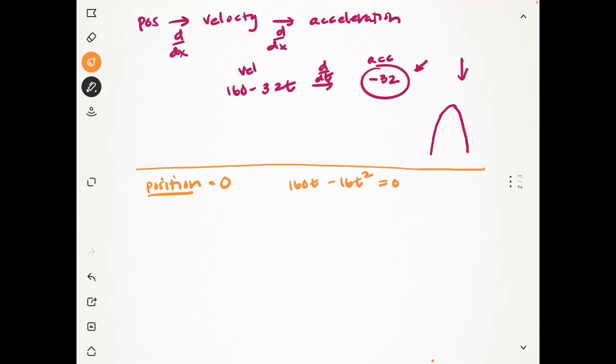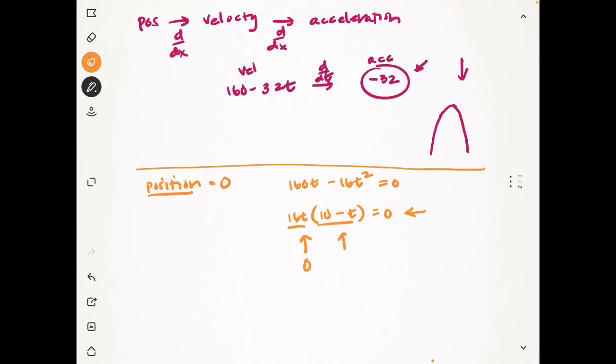This one, we should probably just factor out our 16t. That way we get 16t times 10 minus t equals 0. We know that we're going to apply from Algebra 1 the zero product property. So if two things are multiplied and they equal 0, then either 16t's got to be equal to 0 or 10 minus t equal to 0. So, well, that's easy. What makes that 0? 0.